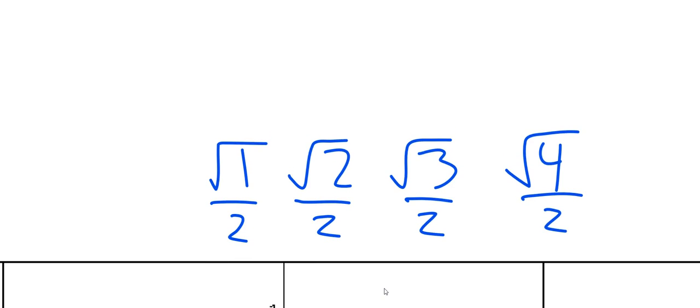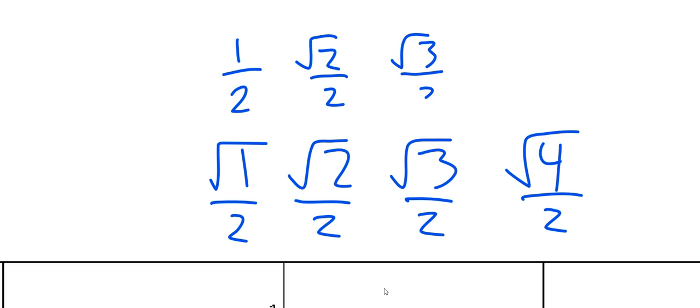What does the square root of 1 over 2 reduce to? That's just 1/2, right? Radical 2 over 2 doesn't reduce. Radical 3 over 2 doesn't reduce. Radical 4 over 2 does. What is it? 1. Those numbers are still in increasing order from left to right.